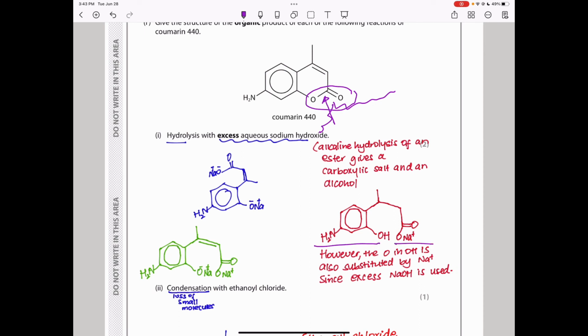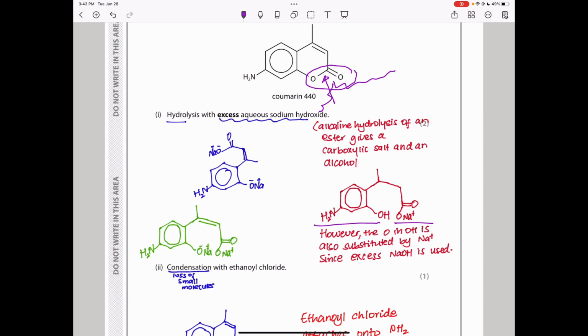So here they said hydrolysis with excess aqueous sodium hydroxide. So I wrote this structure here, as you can see, because they said excess. If they just said sodium hydroxide, this structure here would be okay. However, when you use excess sodium hydroxide, this part here too is going to be substituted. The hydrogen can be kicked out by the sodium to produce ONa, as you can see. So the structure is going to be different, creating a structure similar to this.